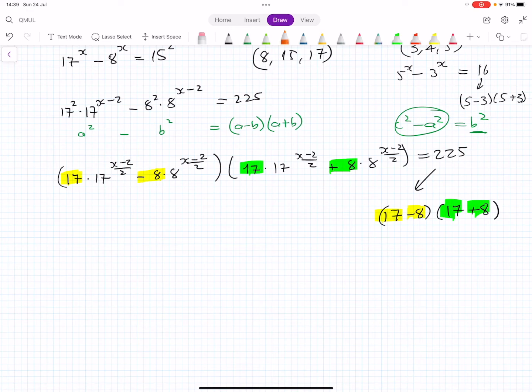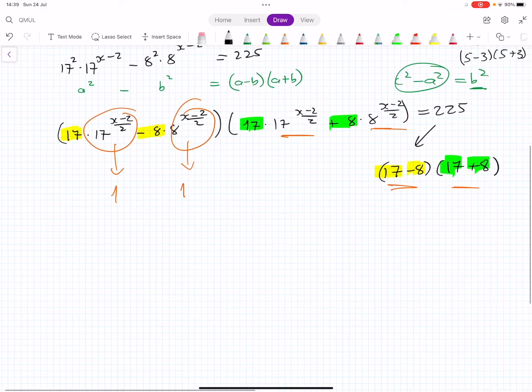For this equality to hold, we require this and that, which are identical to this and that, to be 1. Because if these are 1, then you have 17 times 1, which is 17, minus 8 times 1, which is 8. So you get the first bracket and then the second bracket.